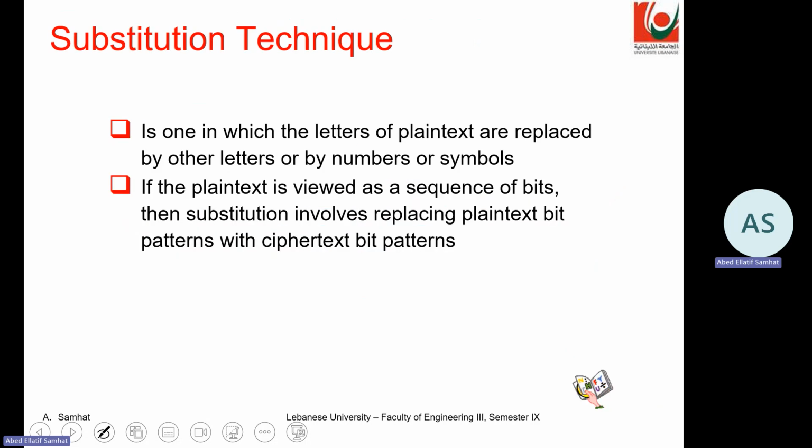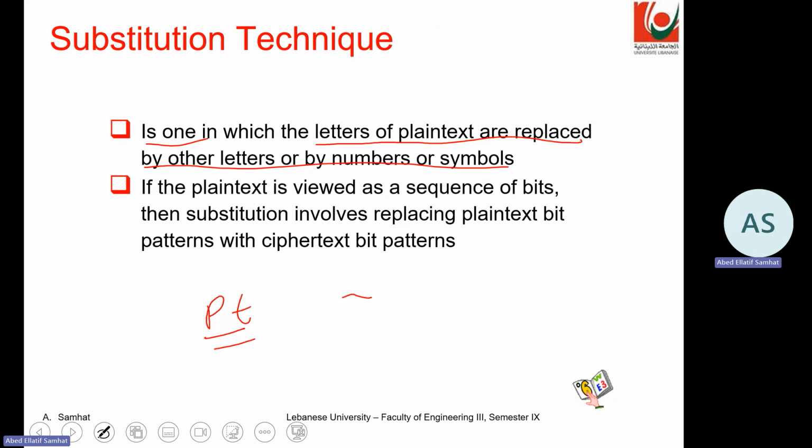So after having the different definitions, let's start together now with the different techniques. We start with the substitution technique. Typically, in the substitution technique, the letters of plain text are replaced by other letters or by numbers or symbols.